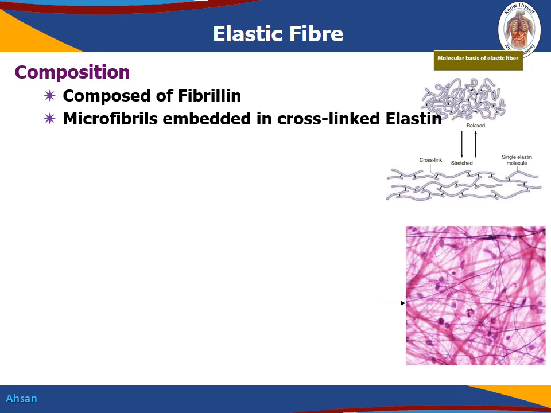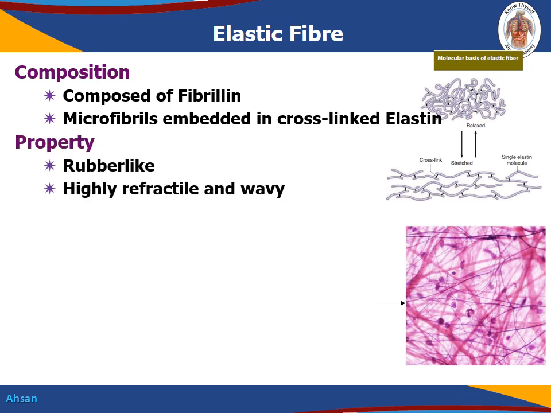The upper one is in the unstressed, recoiled state, and when it is stretched straight, the molecular appearance looks like the lower figure. These are rubber-like and highly refractile and wavy in nature.